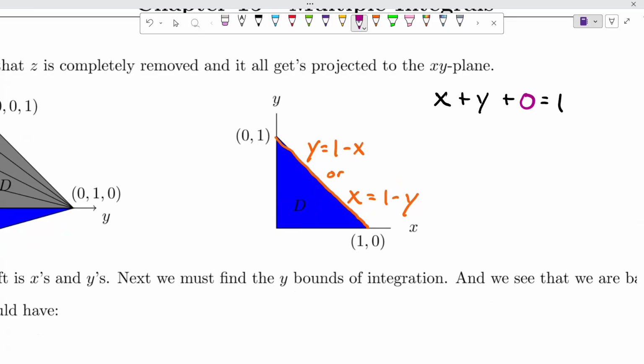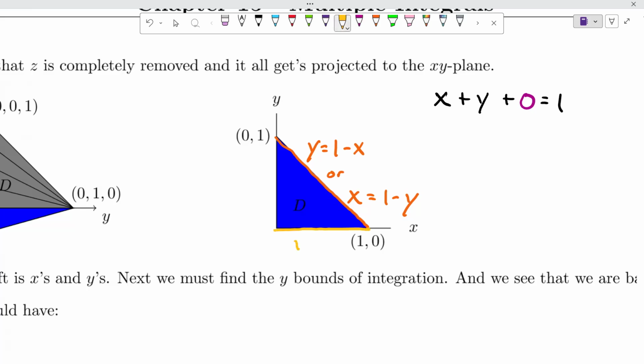So projecting that thing down into the xy plane, again, z is 0 there, I get the equation x plus y equals 1, which I could then solve either for y equals 1 minus x or x equals 1 minus y. Just depends on the order that I want to go in. I think we decided to go y second and then x third. So we'll stick with y equals 1 minus x.